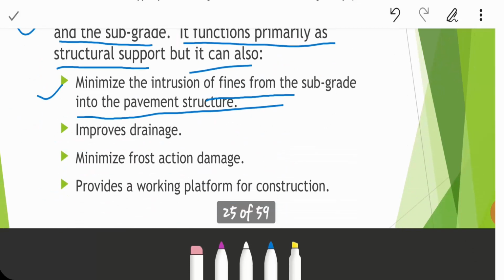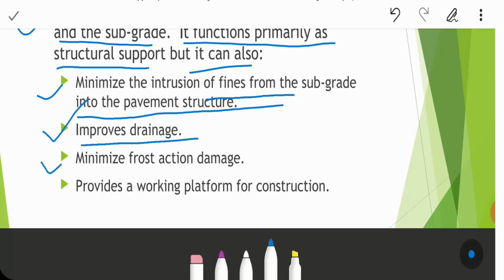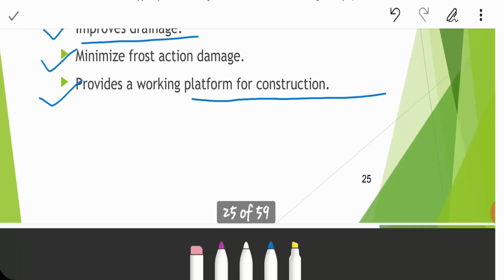Right? Improve drainage. Okay? It improves drainage, minimizes frost action damage, and provides a working platform for construction. Clear?